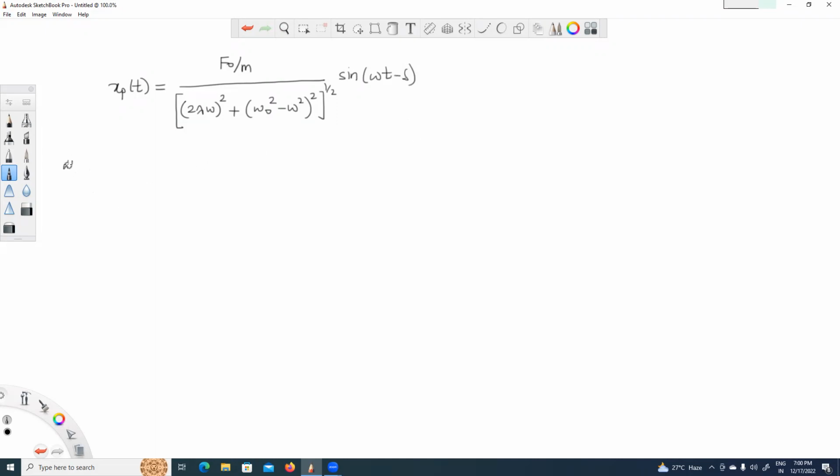Now, as time tends to infinity, a certain large value, our xh has become almost equal to zero, and our displacement x of t has approached only the particular solution.